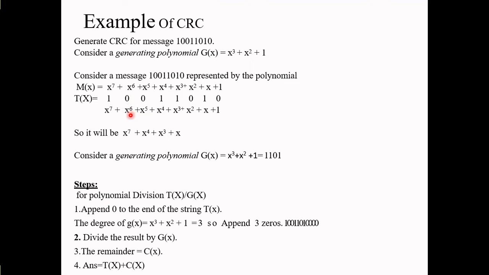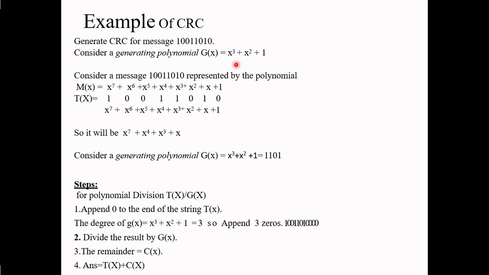Here 0, so x raised to 6 will not appear. Here 1, so x raised to 7 will appear. So according to this, it will be converted into x raised to 7 plus x raised to 4 plus x cube plus x, as these contain 1, and the remaining terms x raised to 6, x raised to 5, x square and 1 contain 0. So it is the polynomial form of the given data.